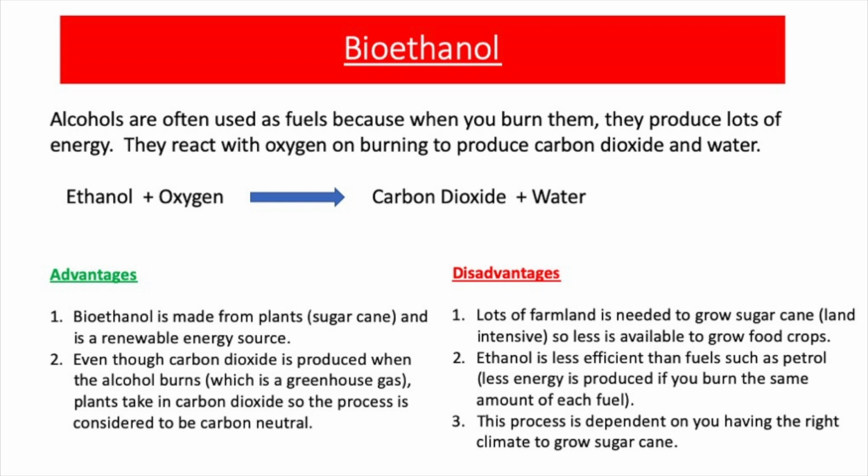And ethanol is less efficient than fuels such as petrol, and this means that there's less energy produced if you burn the same amount of ethanol compared to petrol. And the third disadvantage is you need a specific climate to grow sugarcane. Not every country has this climate. Now, it's very common at GCSE for students to be asked to describe the advantages and disadvantages of using bioethanol as a fuel.